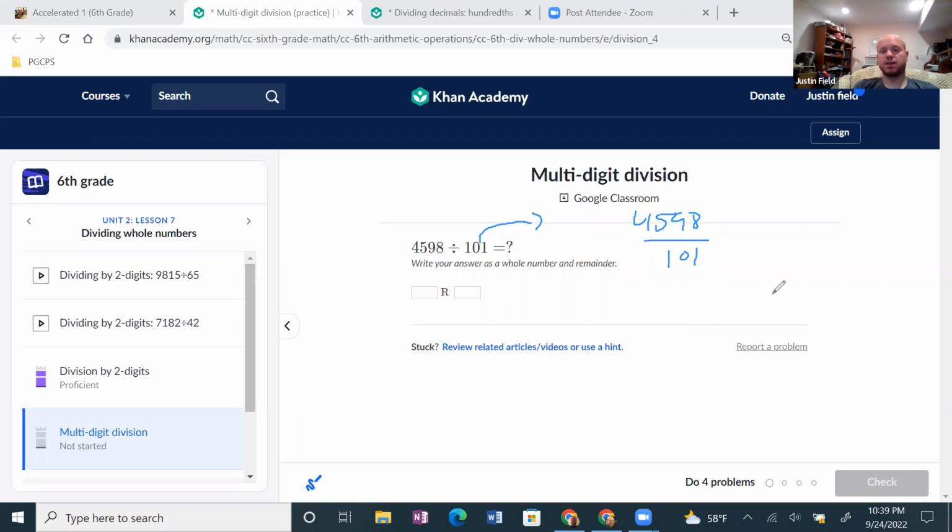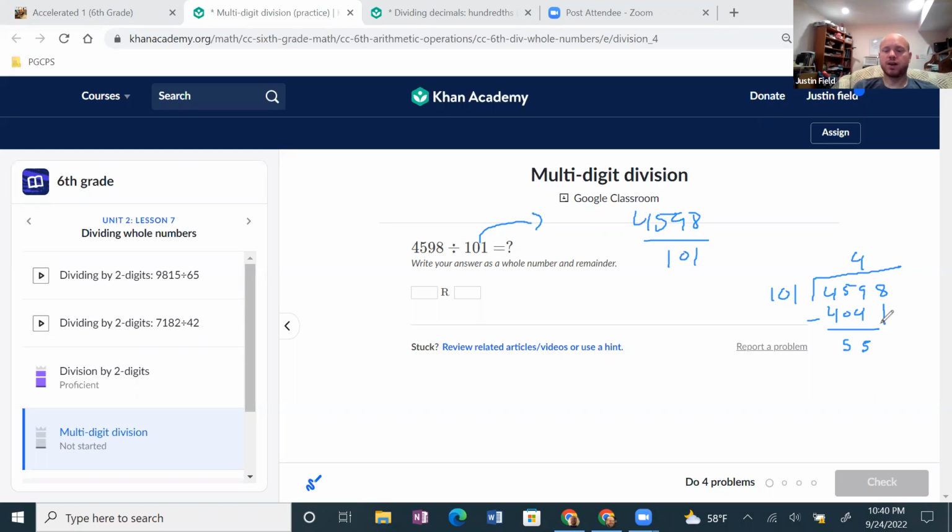So I think of it, and so the 101's got to go on the outside, and the 4,598's got to go on the inside. So how many times does 101 go into 459? I believe that would be 4 times. That would be 404. So then we multiply 4 times 101 is 404. Then we subtract. And that would be 5 and 5.